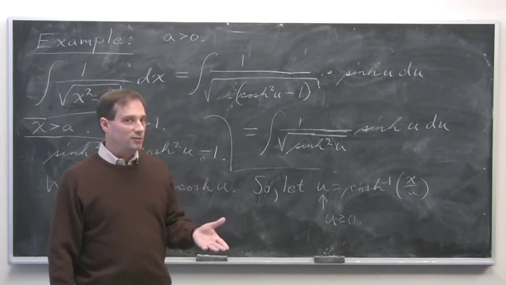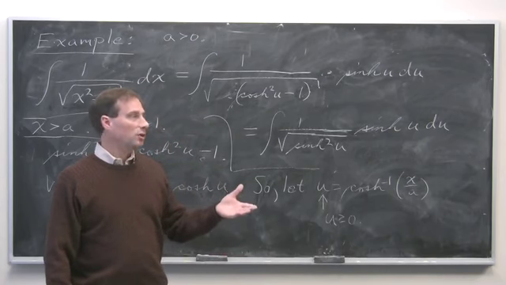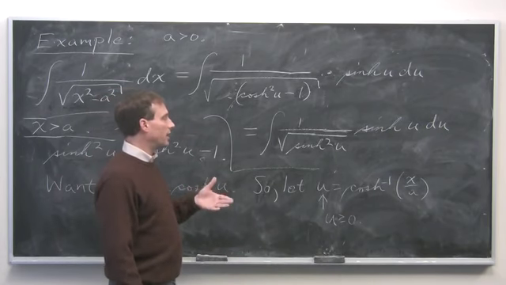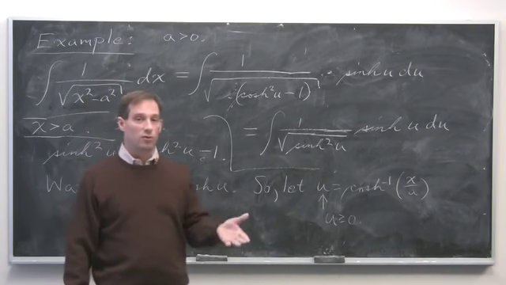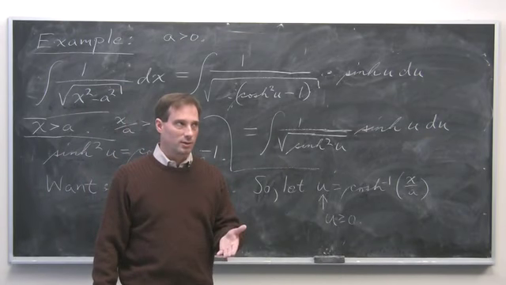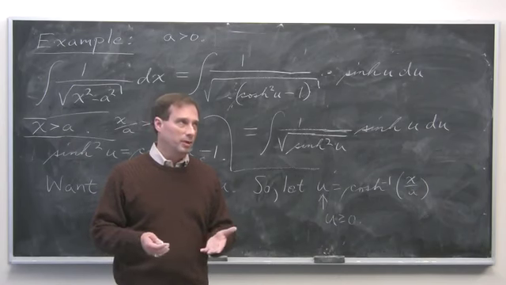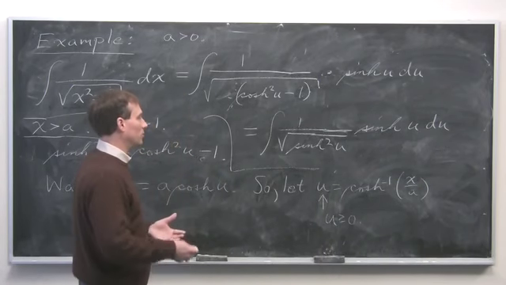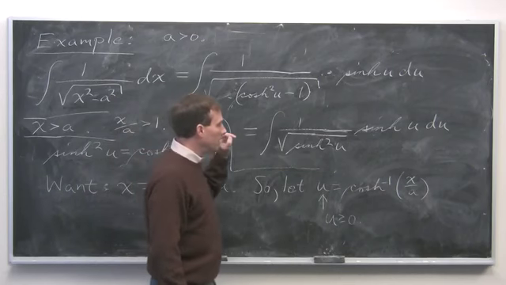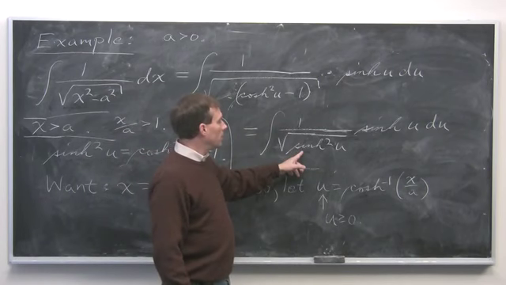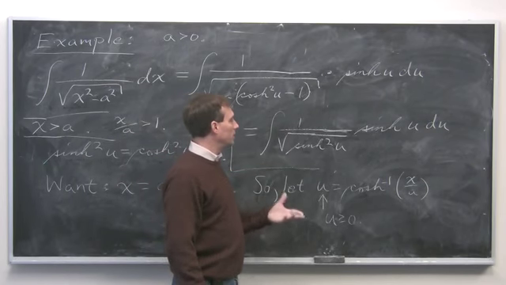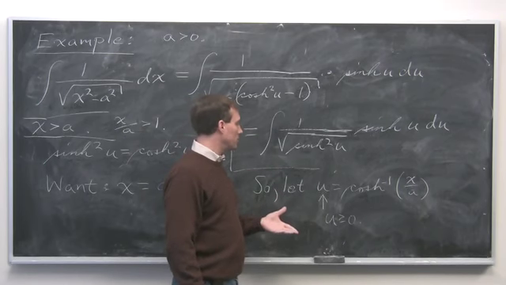But hyperbolic sine of u could be negative in general, right? It's not like hyperbolic cosine. Before we had the square root of hyperbolic cosine squared. That's the absolute value of hyperbolic cosine of u. But hyperbolic cosine was always positive, so we didn't need absolute value signs. Here, we only know that hyperbolic sine of u is positive when u is positive.